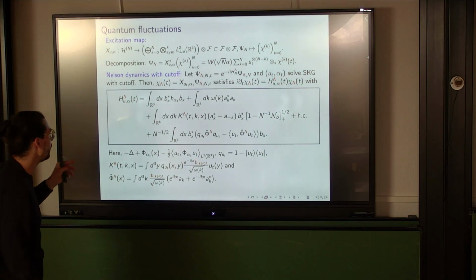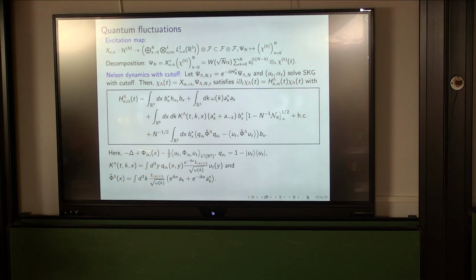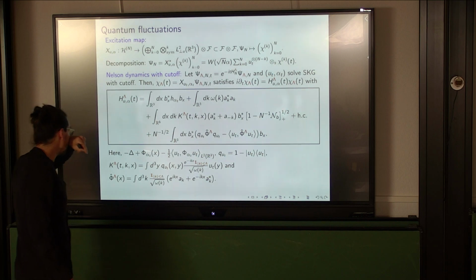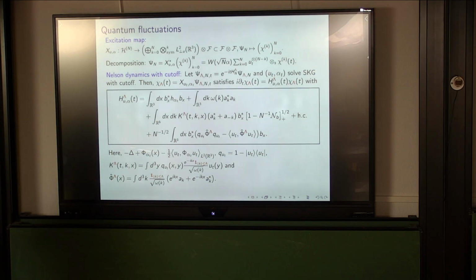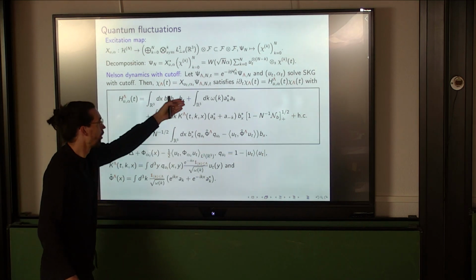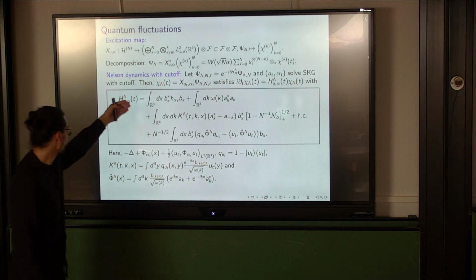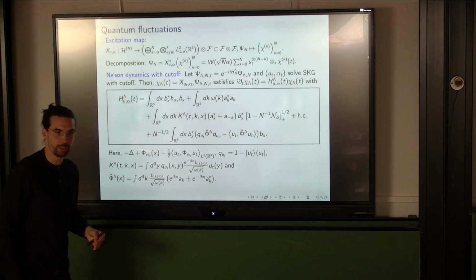Also N_b will be the particle number operator, and N_a will be the field boson number operator. And like Peter explained in his talk, the condensate wave function will show up after this mapping, but since we also factored out the coherent state, we also have a dependence on alpha t.